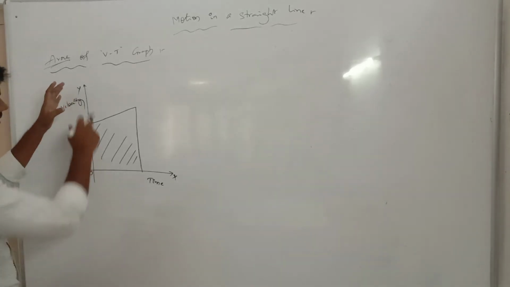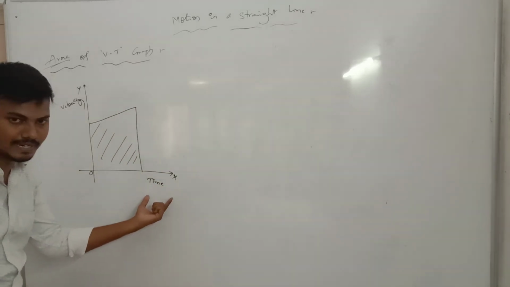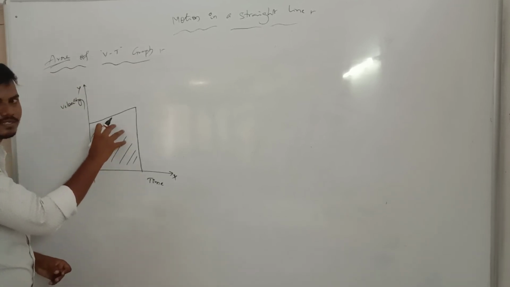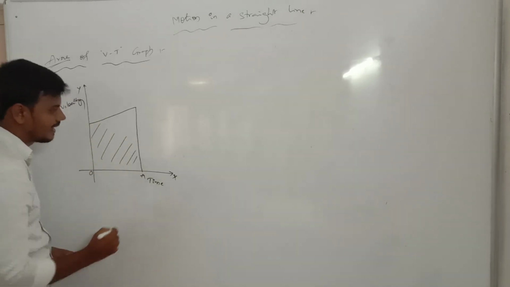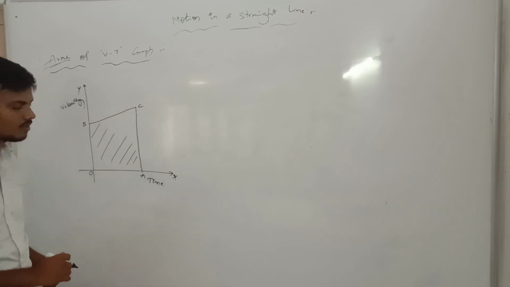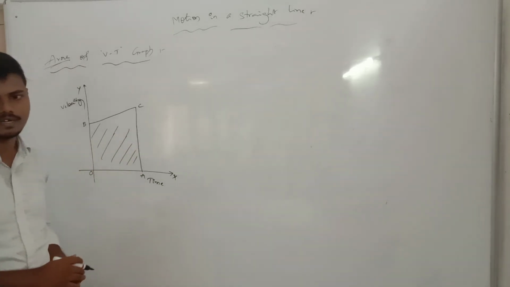First we have the graph. The x-axis is always represented by time, and the y-axis is always represented by velocity. Okay, clear? Then on this graph, O is the origin point. O, A, B, C. This is the space position, or the displacement.